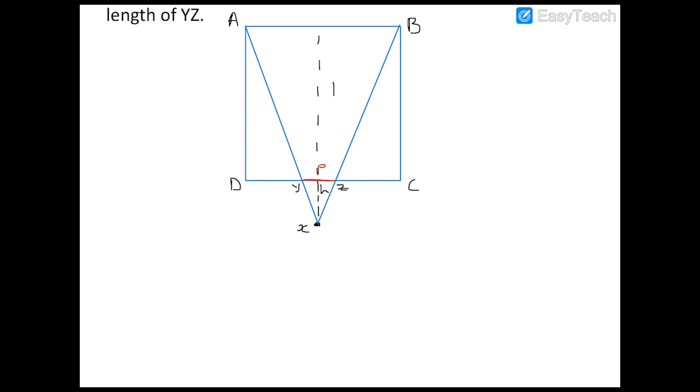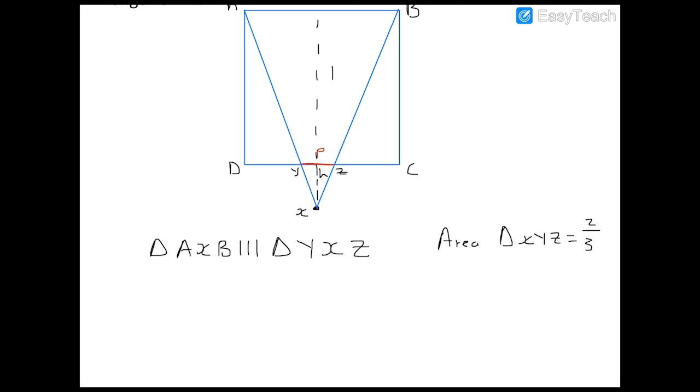The first thing we know is that triangle AXB is similar to triangle YXZ. And the other thing that we know is that the area of triangle XYZ is equal to 2/3.